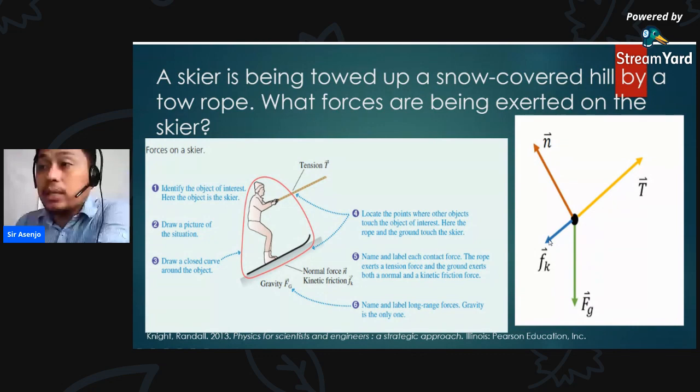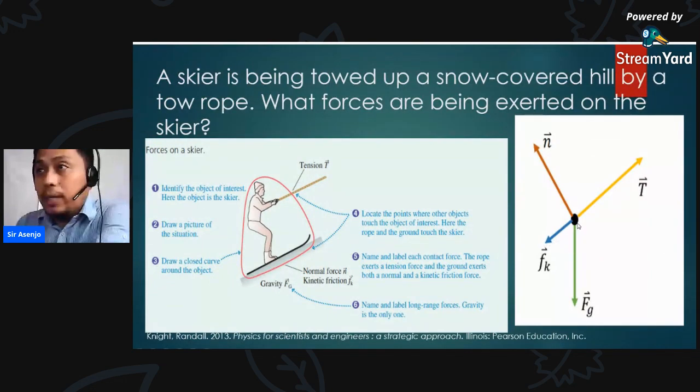Because obviously the tension force should be greater in magnitude than the kinetic friction force, because that's the purpose of the tow: the skier has to move up, so the tension force should be greater. If it is the same in length, the skier will not be moving up. He will be staying here. Again, you have the tension force going up exerted by the rope, and its magnitude should be longer compared to the kinetic friction.